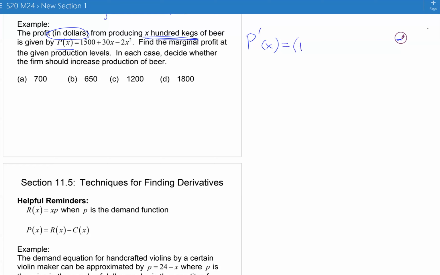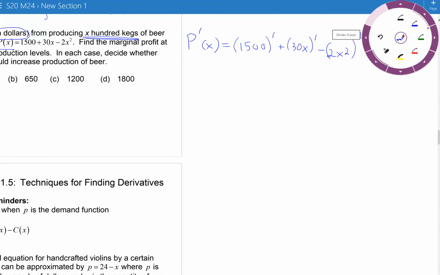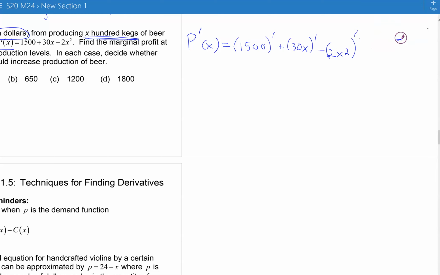We know it's going to be the derivative of the 1500 plus the derivative of 30x minus the derivative of the 2x squared. Okay, and then let's go in super slow-mo still. The derivative of the 1500 is going to be 0. It's a constant being added.